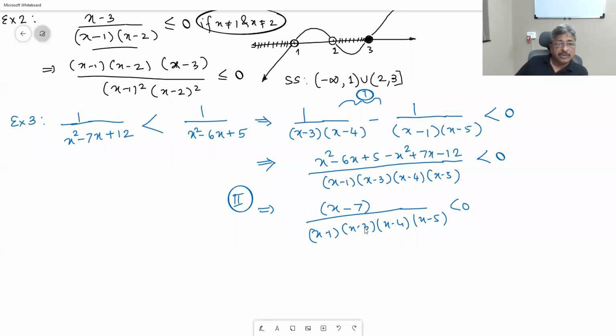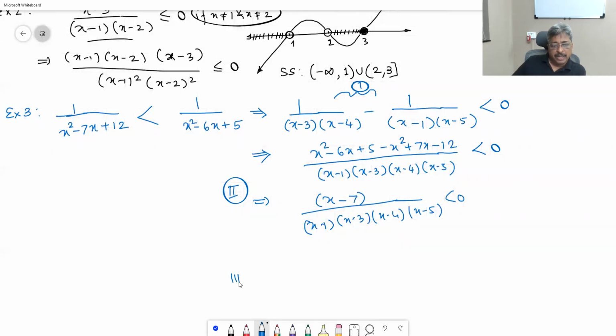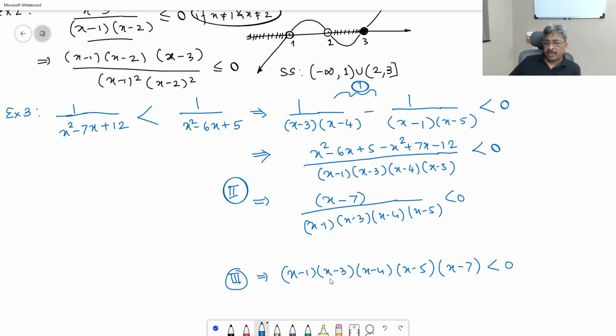Okay, so now we have reached the stage where we can apply our first couple of problems' trick, which is to make the denominator positive. That will give us (x minus 1)(x minus 3)(x minus 4)(x minus 5)(x minus 7) upon denominator square, should be less than 0. Cross multiplying, we get this. So we can draw the wavy curve and answer.